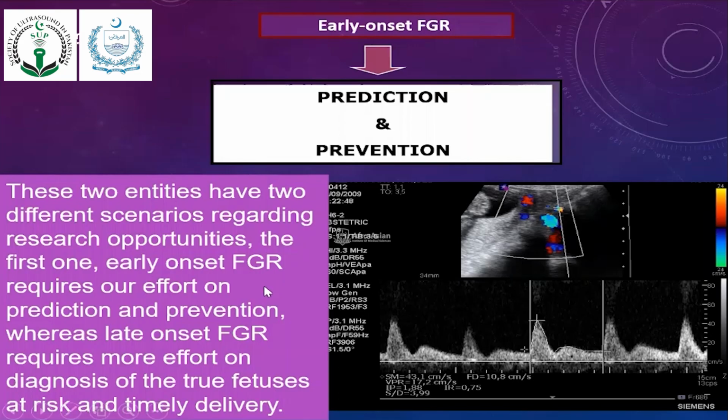The first one, early onset fetal growth restriction, requires more effort on prediction and prevention, whereas late onset fetal growth restriction requires more effort on diagnosis of the true fetuses at risk and timely delivery.